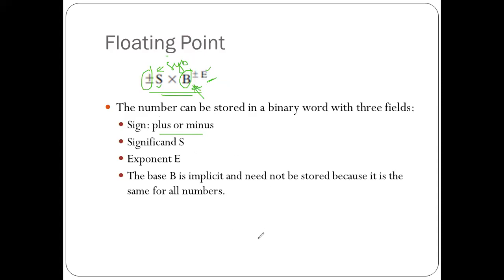See, for example, if I have a number like 2.56278, this is my number. I can represent this as 256278 into 10 power minus 5, because these are decimal numbers.